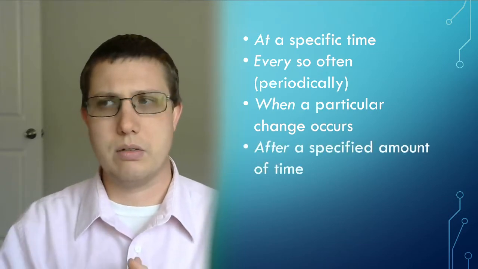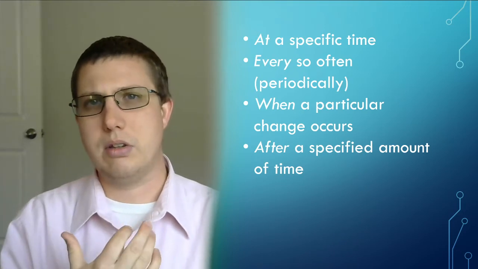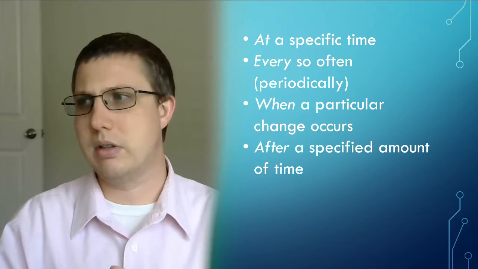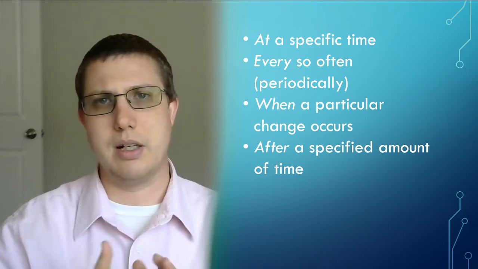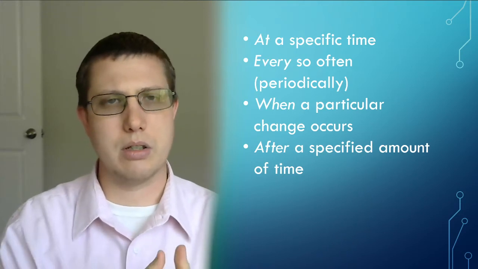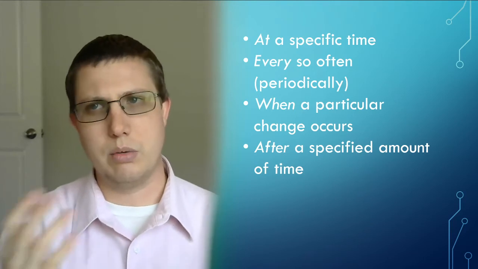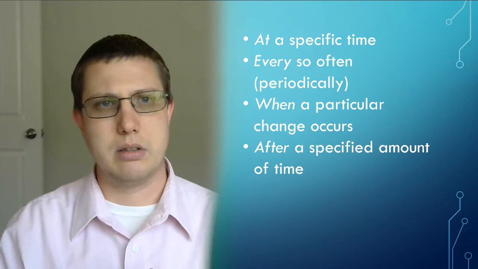And the final category is after a specified amount of time. I think of these as very similar to the when category, when a particular change occurs, but there's some delay before the action actually takes place. So the actual trigger event might be a field changes value from one thing to another, but there's some delay, maybe 3 days later.